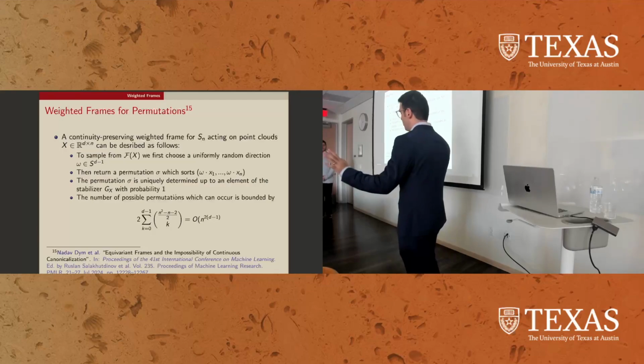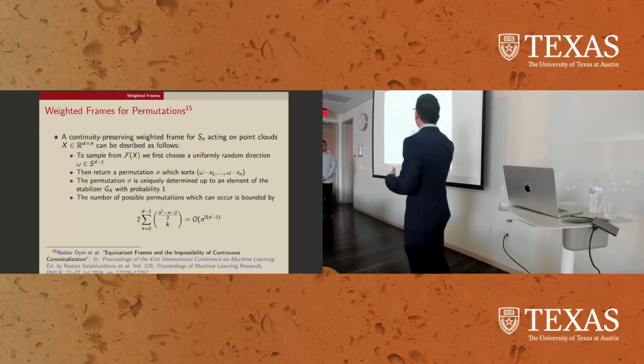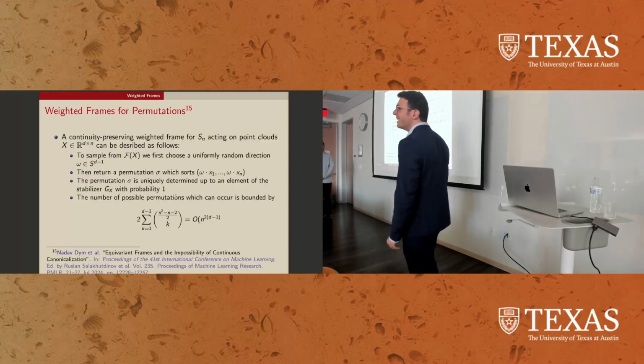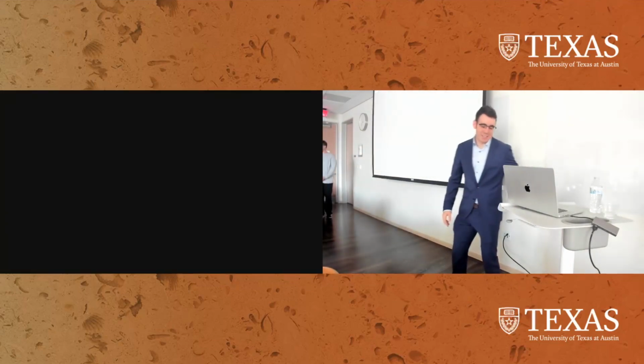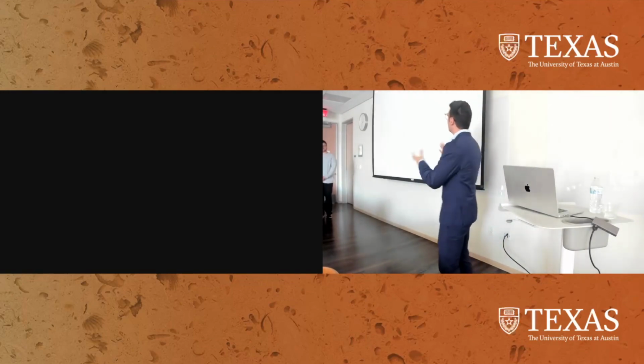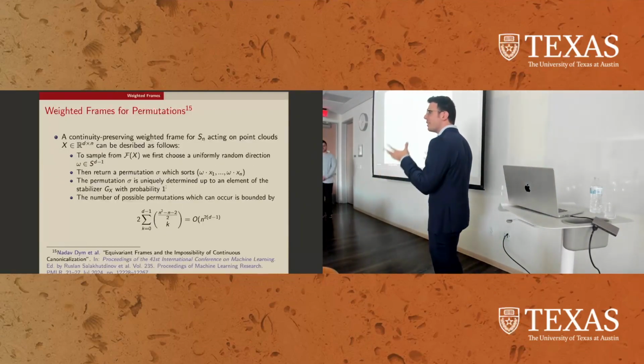You could take whatever AlphaFold did and do this on top of it and see if it helps. But of course, it will increase the expense because you'll have to sample from this weighted frame. I find it hard to believe that not building the invariance is really better, but you can't argue with empirical results, right? That's a good question, and we're still trying to figure out how to make this actually really useful.